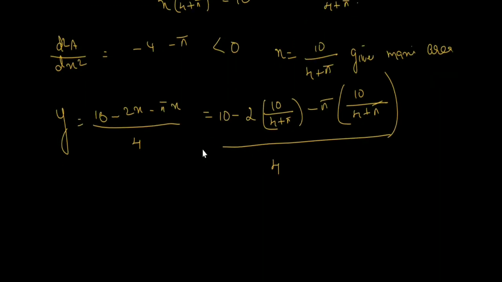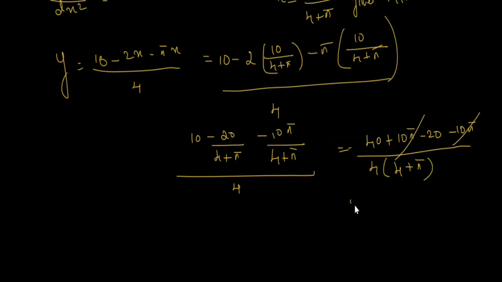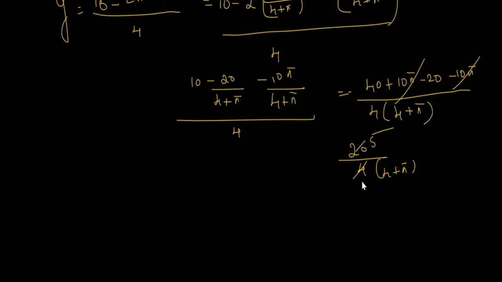That is equal to 10 minus 20 by 4 plus pi minus 10 pi by 4 plus pi, by 4. Taking the LCM, 40 plus 10 pi minus 20 minus 10 pi, by 4 into 4 plus pi, that is 20 by 4 into 4 plus pi, which is equal to 5 by 4 plus pi.